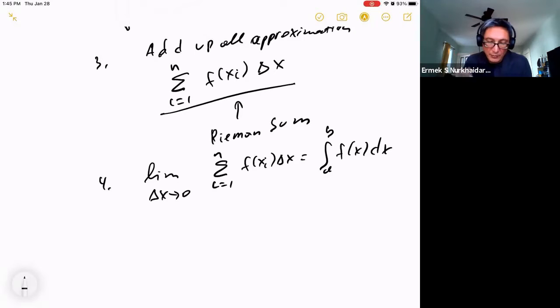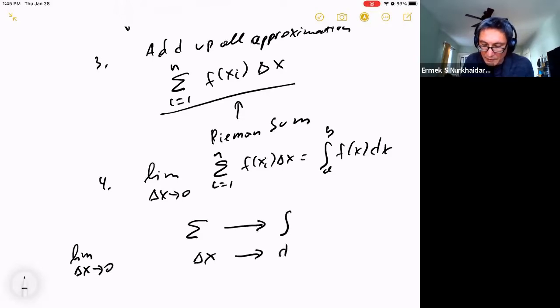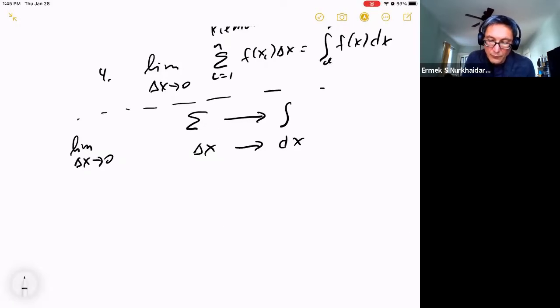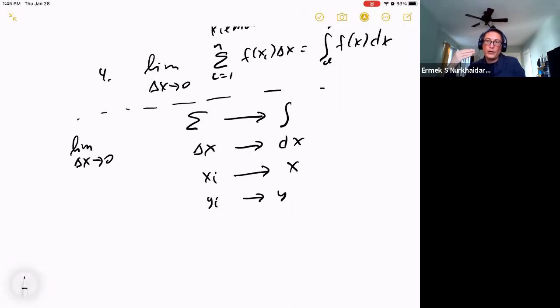So just keep in mind the following. When we're taking the limit, when delta x approaches 0, our sum becomes an integral, delta x becomes dx, xi becomes just x, because xi tells you that you go through particular points, and when we make delta x disappear, we will go through all points, and yi will become just y. And the lower limit will be where you start, and the upper limit where you finish.